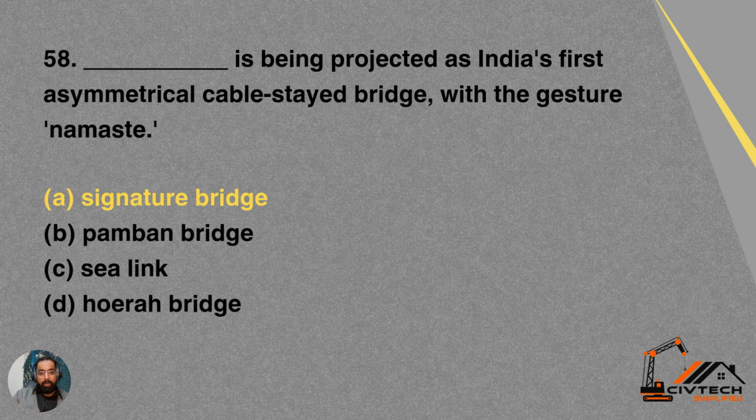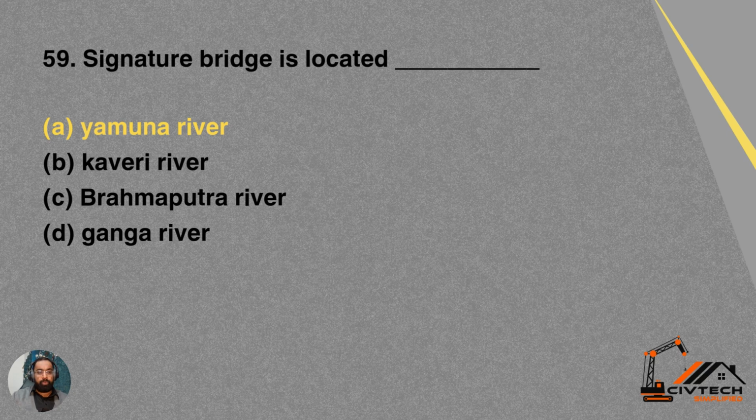Option B, Pamban Bridge. Option C, Sea-Link. Option D, Howrah Bridge. So Signature Bridge is being projected as India's first asymmetrical cable-stayed bridge, and its gesture was Namaste. So A is the correct answer. It's Signature Bridge.